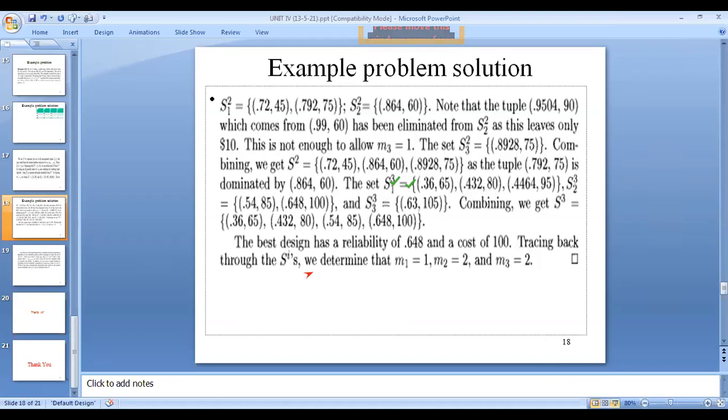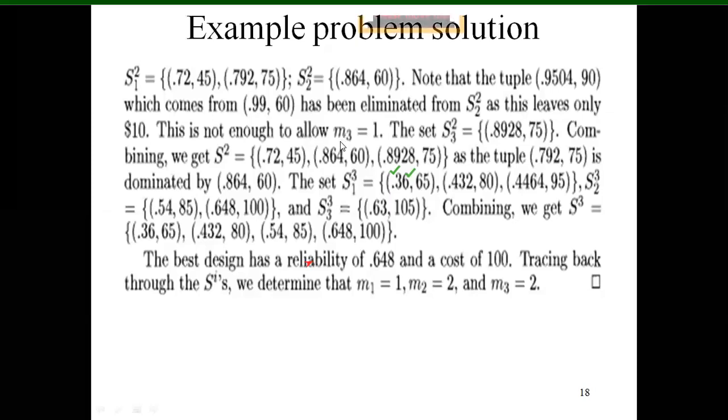When you consider m_3, the number of devices of type D3, that is 1. So the set S_3^2 is (0.8928, 75). Combining, we get S^2 equal to (0.72, 45), (0.864, 60), (0.8928, 75).